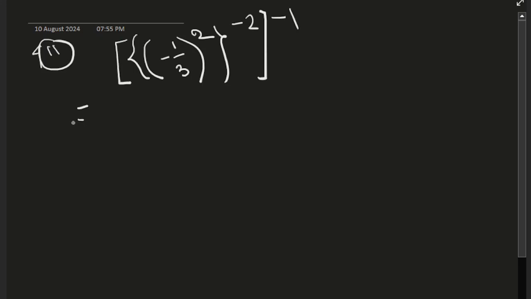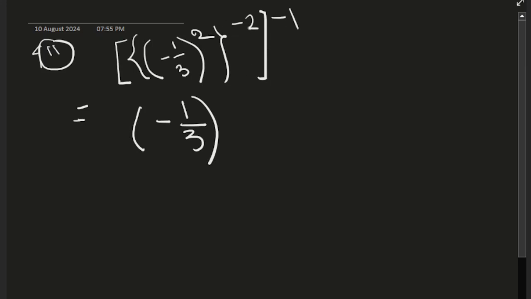So I have already told, when there is power upon power, what we have to do? We have to multiply the powers. Here also we are multiplying the powers, means the answer will become (-1/3) to the power of 2, minus 2 and minus 1 multiplied.